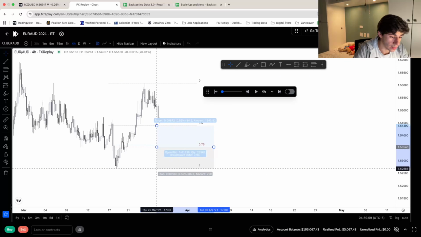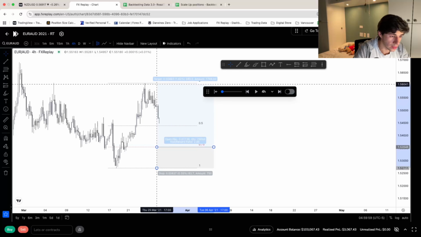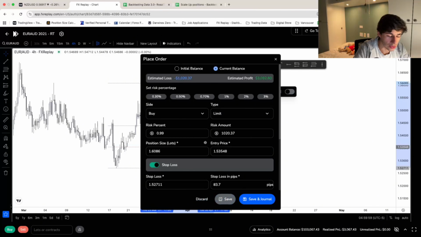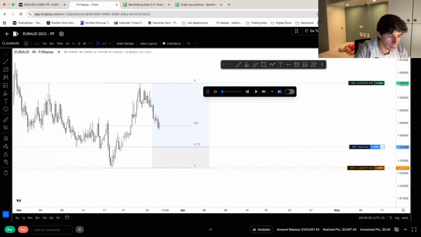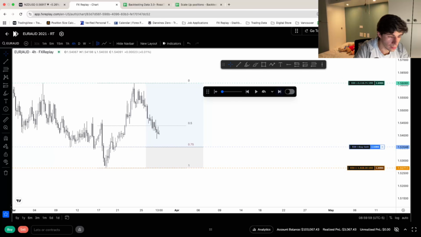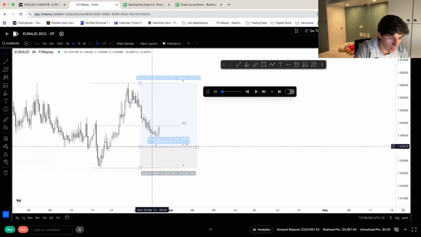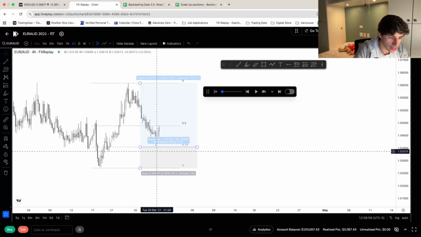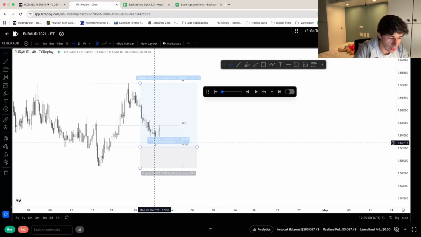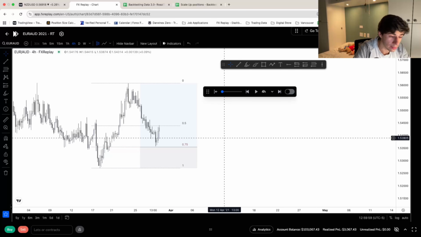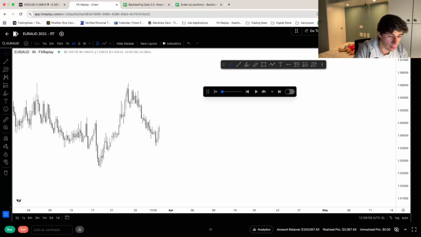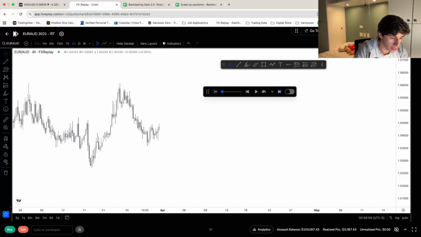We don't even know if price is going to reach our entry, but if it does, I'm going to take this position. Okay, so I delete the order. Price got super close to my entry, it basically moved to my 1.01. In this case, I just remove my pending order. So it's all good.